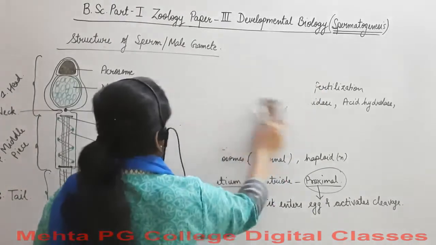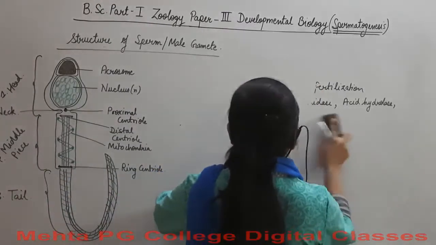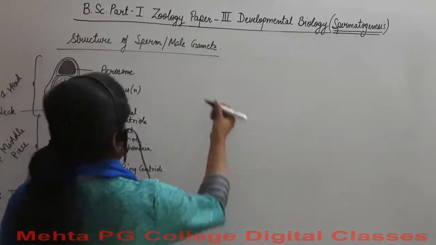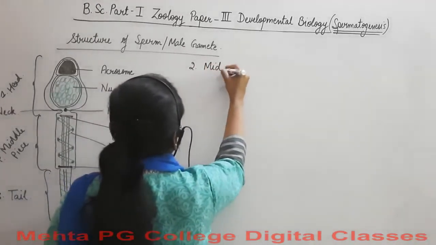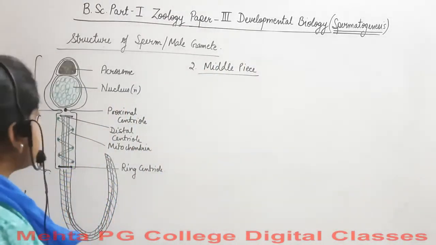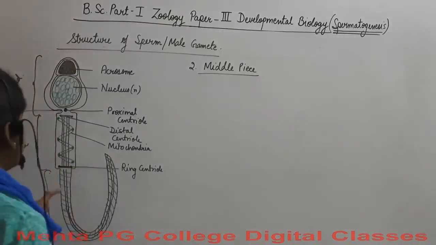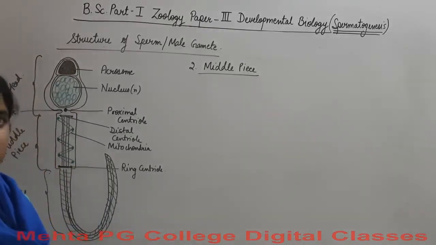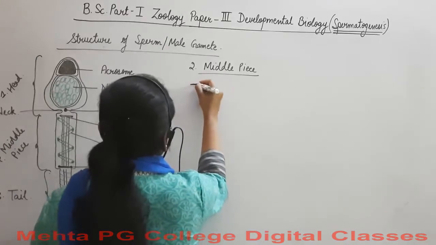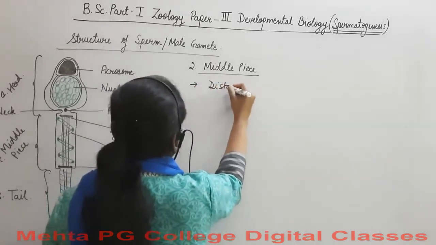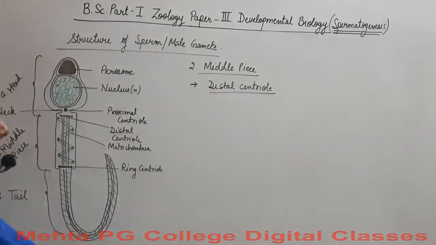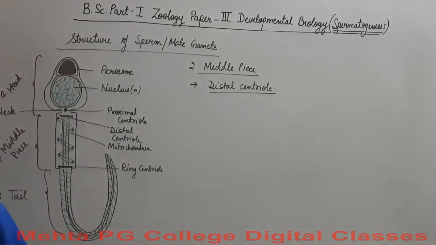Now, the middle piece part. The middle piece is present just below the head region and above the tail region. At the very start of the middle piece, we have a centriole structure called the distal centriole, which is present at some distance, that's why it is called distal.